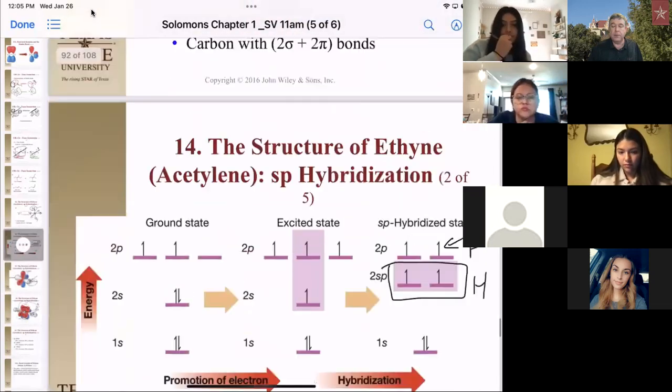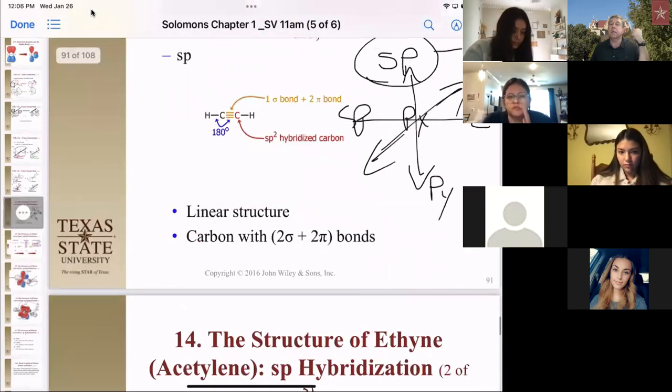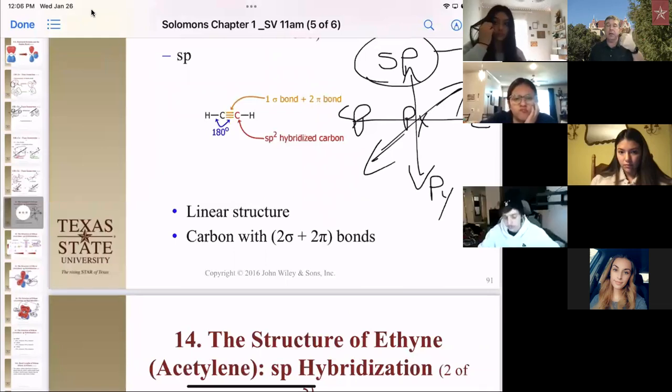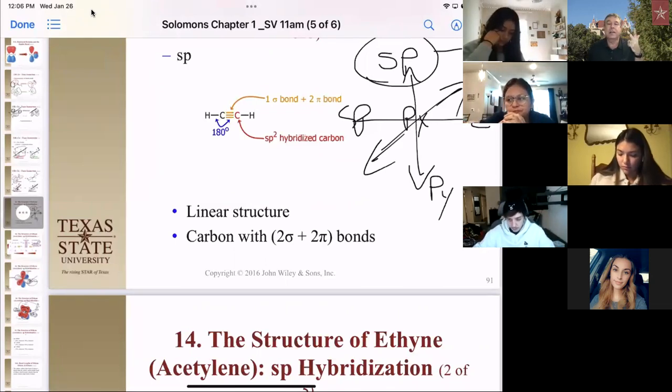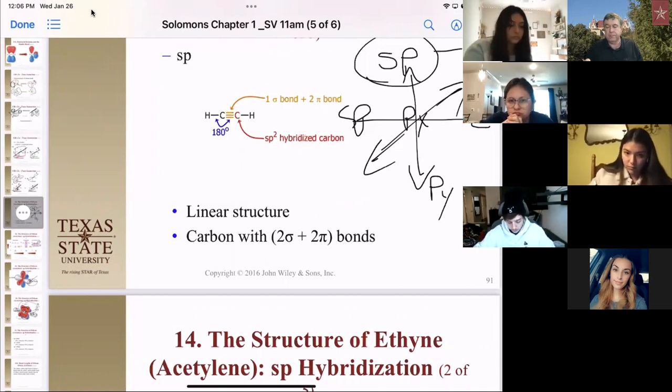In our 3 lines here, the first line is always a sigma bond, a hybridized orbital. The second bond is always a pi bond, an unhybridized p, and the third bond is always a pi bond, an unhybridized p. All right, questions on that?